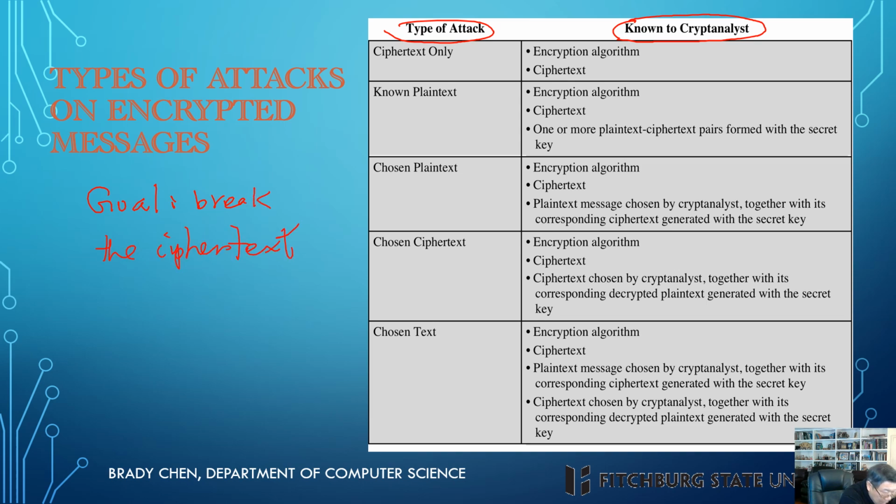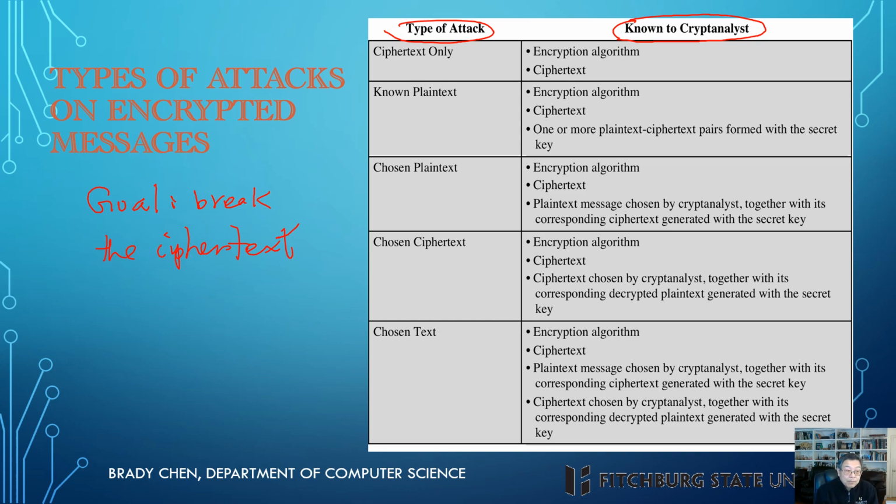We have a piece of ciphertext, and the goal is to break this ciphertext to get the plain text. In the different scenarios, the cryptanalyst has various different information.